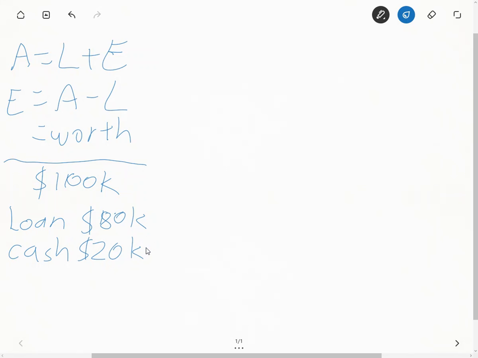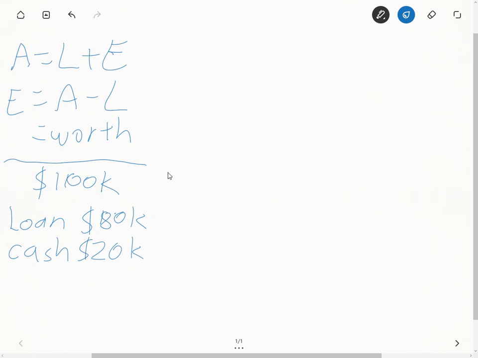Now what you're doing here is a form of leverage. I don't want to get too much into this, but you've put in $20,000 cash to buy a $100,000 property, okay?